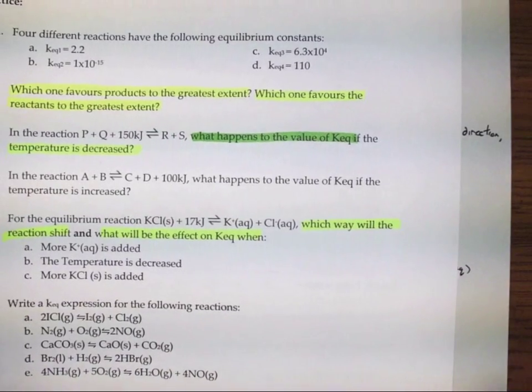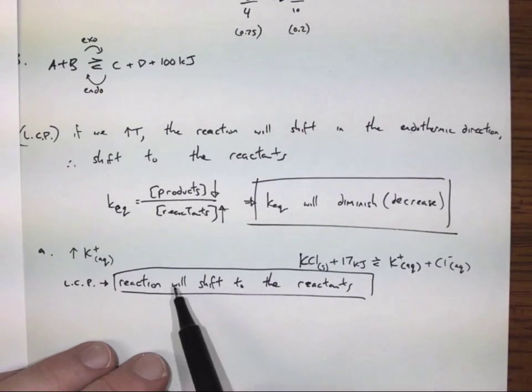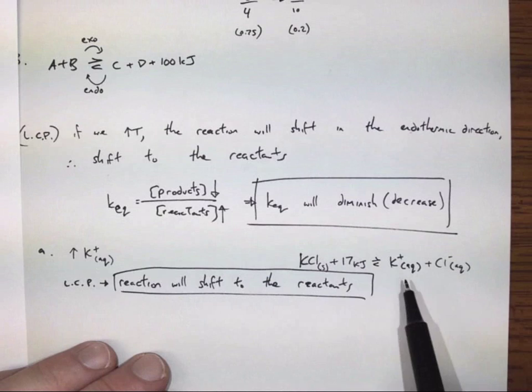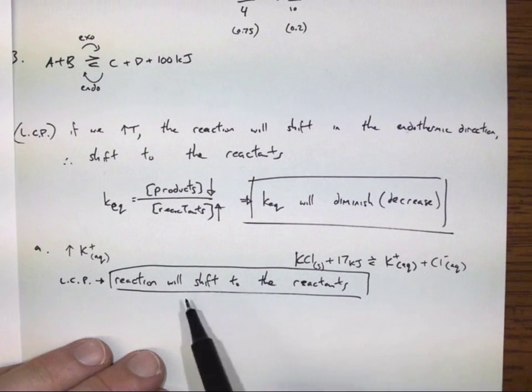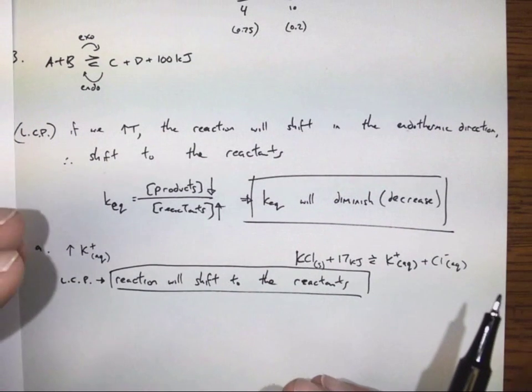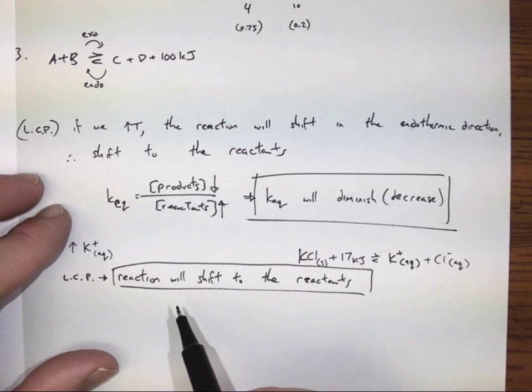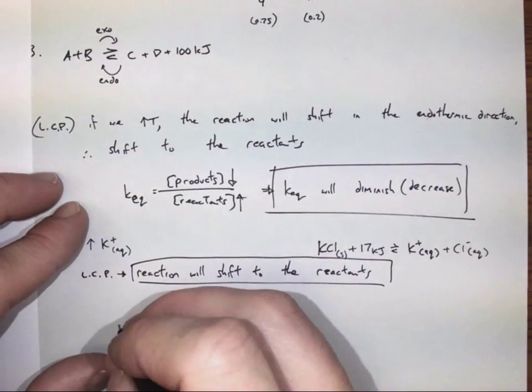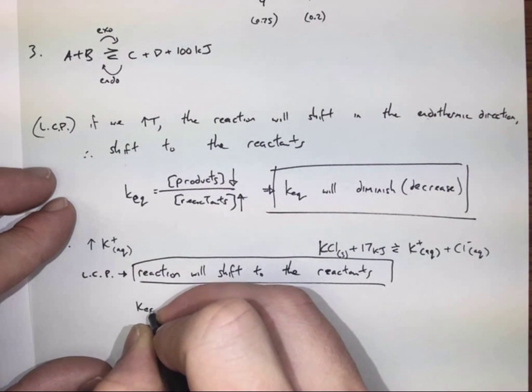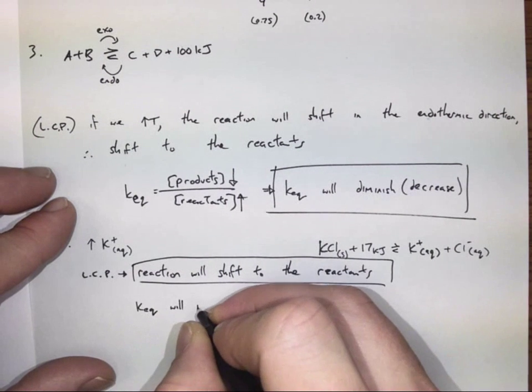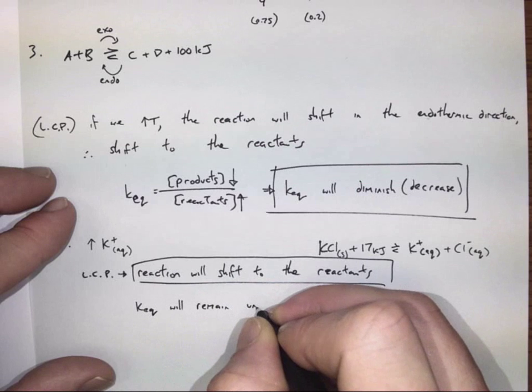Now, there's a very important thing here. This shift, if we are adding and changing concentrations, is only going to shift to restore the ratio of products to reactants. The only thing that can change our KEQ is a change in temperature. So KEQ will remain unchanged.